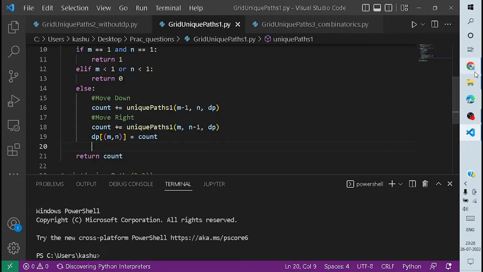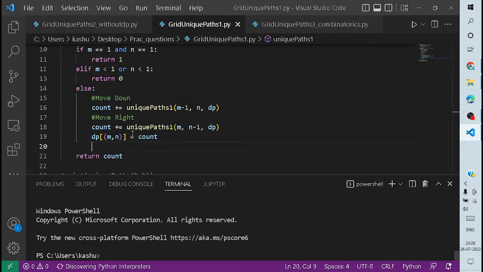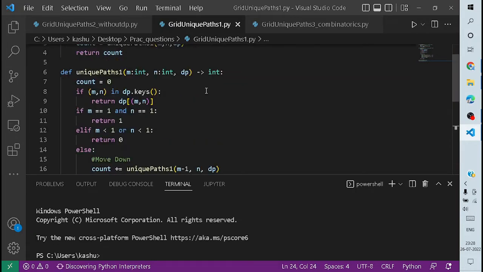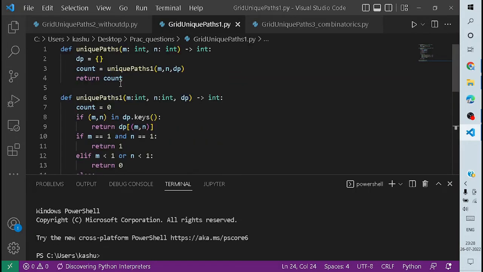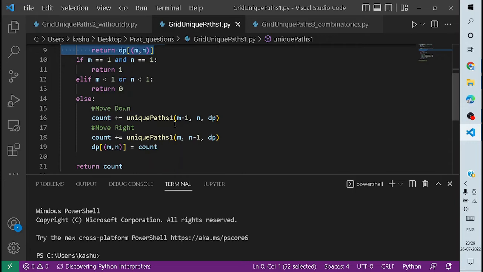Now, for the time being, we see m and n with initial position and 1 comma 1 with the final position. We start with, so we'll take the example of 3 comma 3. Yeah. So with 3 comma 3, we start off, and for the time being, just ignore these two lines. We'll understand their significance later on.